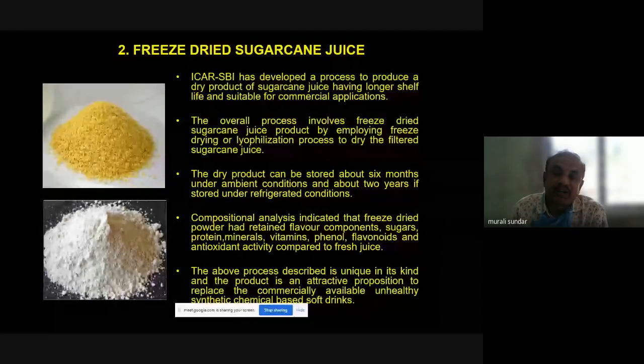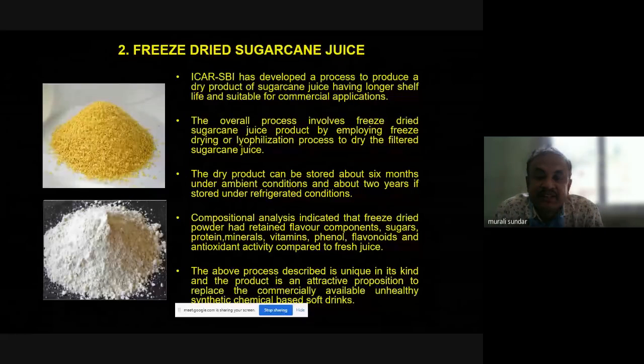The dry product can be stored for about 6 months under ambient conditions and about 2 years if stored under refrigerated conditions. Composition analysis indicated that the freeze-dried powder retained flavor components, sugar, protein, minerals, vitamins, phenols, flavonoids, and antioxidant activity compared to the fresh juice.